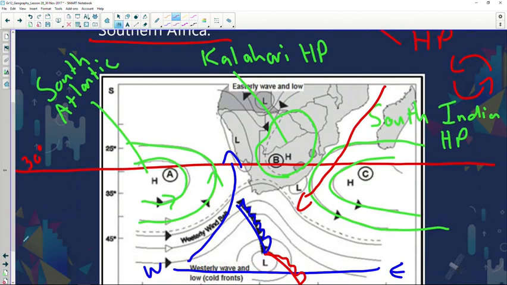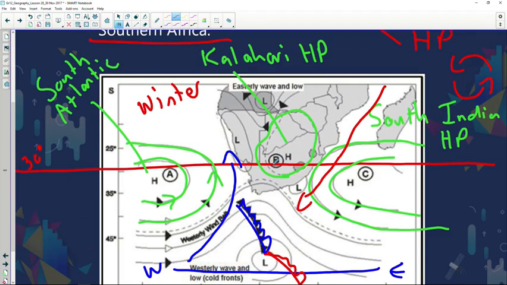Now, first of all, it represents winter, because the Kalahari high pressure system is present over the interior. It can't be present over the interior in summer because we experience low pressure because of warm conditions.